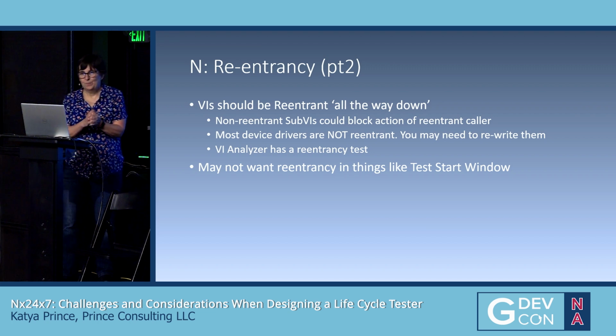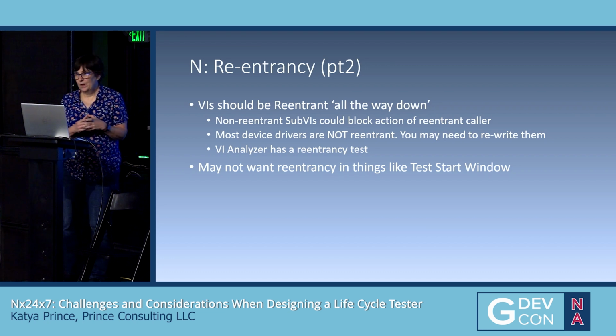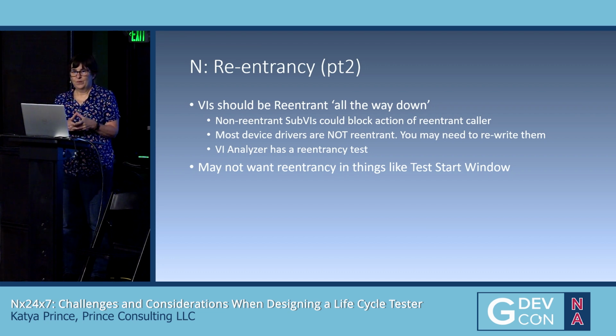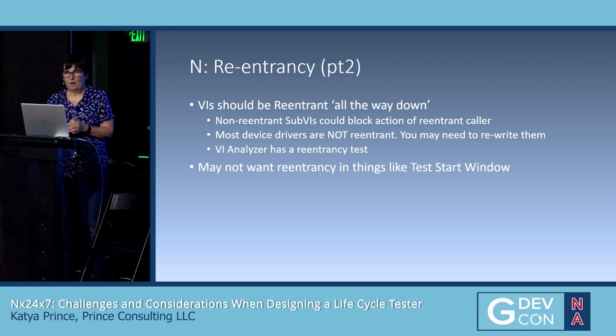The thing to remember, of course, is that the test stage VI has to be reentrant all the way down. If a reentrant VI calls a non-reentrant VI, you've lost all advantage of that reentrancy. Another thing to note is that most device drivers don't come out of the box reentrant. This accounts for your Agilent devices and things like that, and it makes sense because way back in the day they were built to run on a GPIB interface.